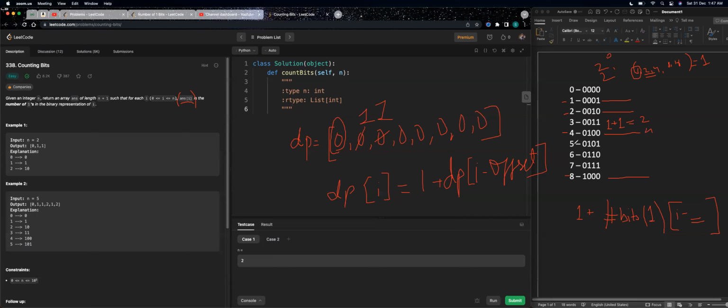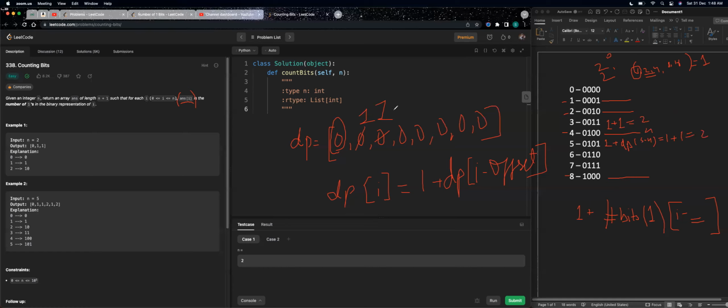For 5, the value would be 1 plus dp of 5 minus 4, that's equal to 1 plus dp of 1. dp of 1, as we can see, is 1, so we just add 1 and it would be 2. And we see it's matching.